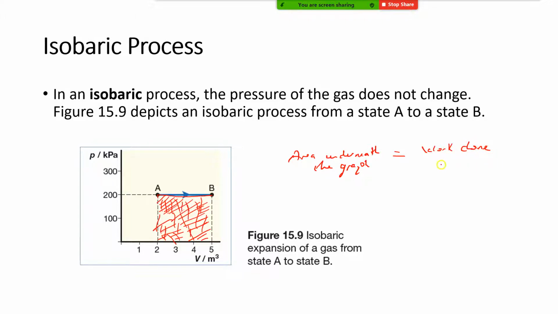In this regard, the work is going to be basically negative. The reason why it is negative is because the gas is expanding.